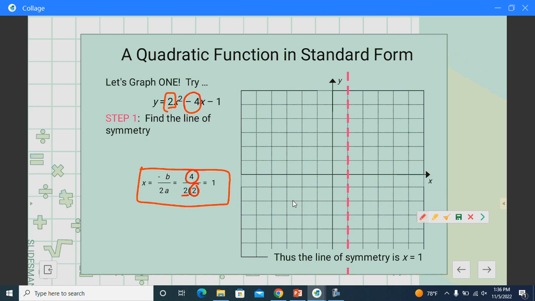Now let's solve. 4 divided by 2 times 2 would give us 1, because that is 4 over 4. So the line of symmetry is x is equal to 1. This is our 0, so this is our 1 on the x-axis. Therefore, this is our line of symmetry.